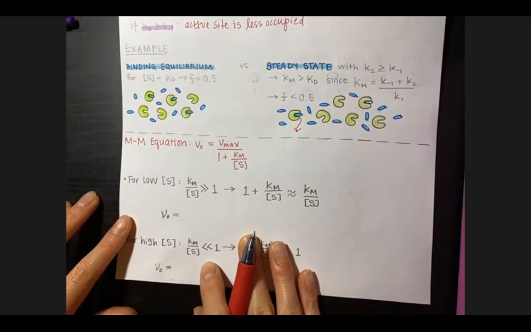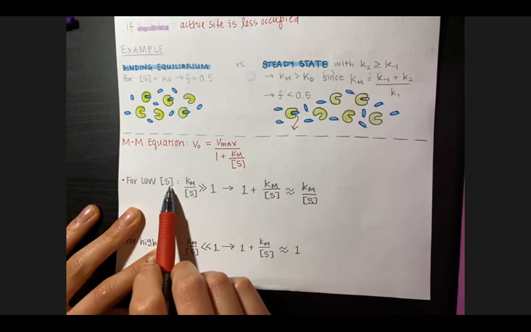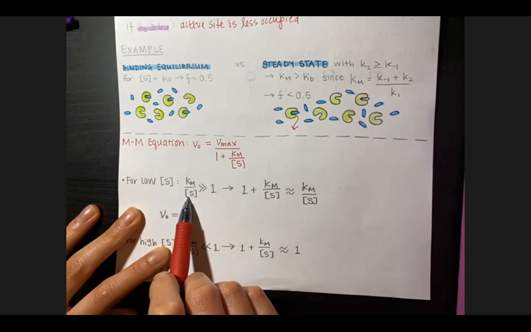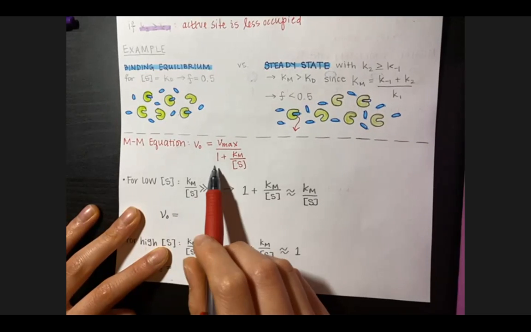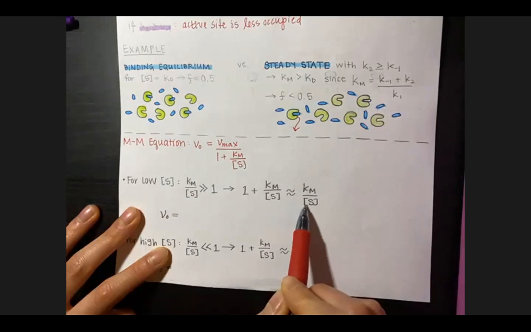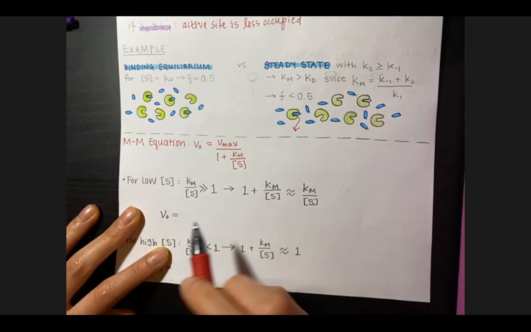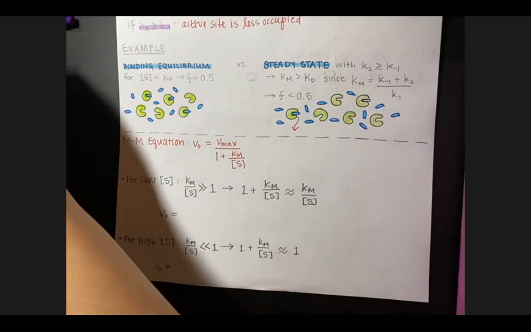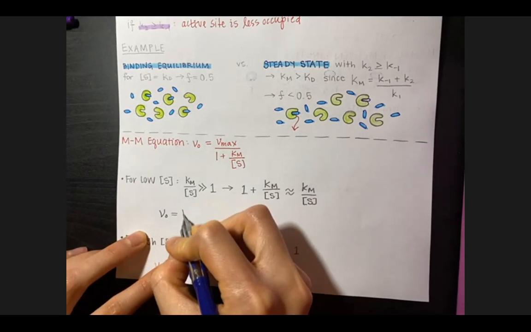Going back to our Michaelis-Menten equation, for low substrate concentration, this term is going to be a lot greater than 1. And so the denominator here approximates Km over substrate concentration because it's so much greater than 1. And so our new equation for the initial velocity is going to be this.